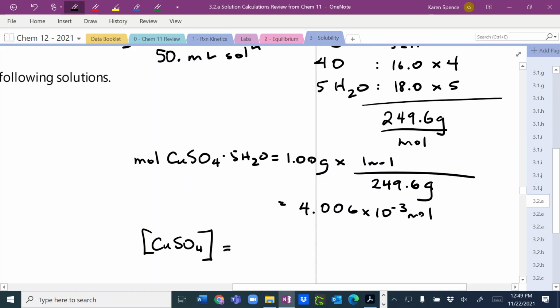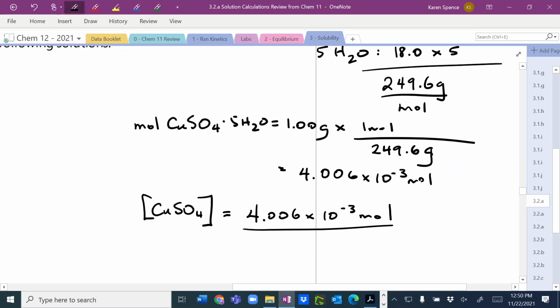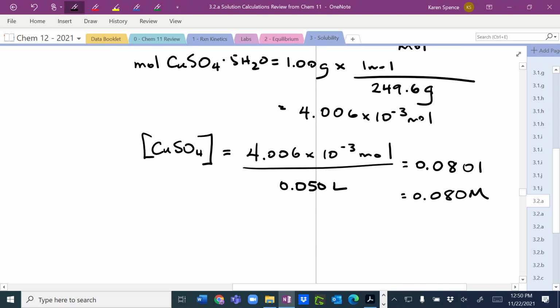So that's going to be 4.006 times 10 to the minus 3 moles per 50 milliliters, 0.050 liters, and we get 0.0801. Now this compound contains 1 copper, yes, and it contains 1 sulfate.